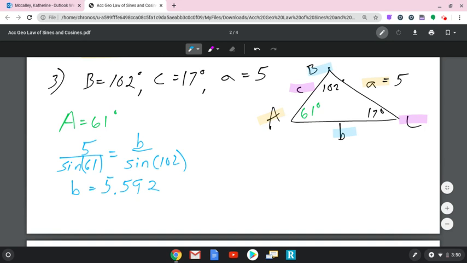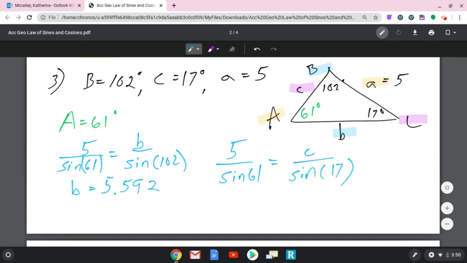Okay, now let's take a look at your next one. It should be 5 over sine of 61 equals C over sine of 17.